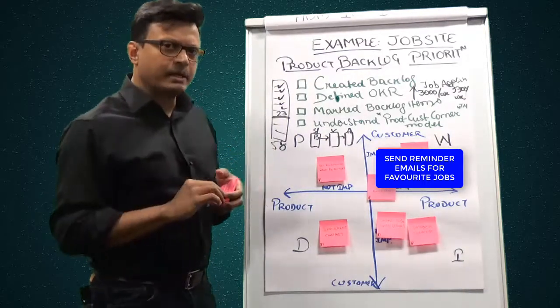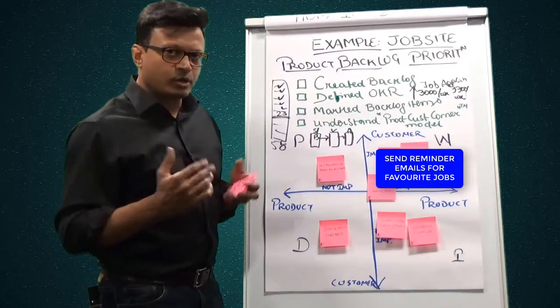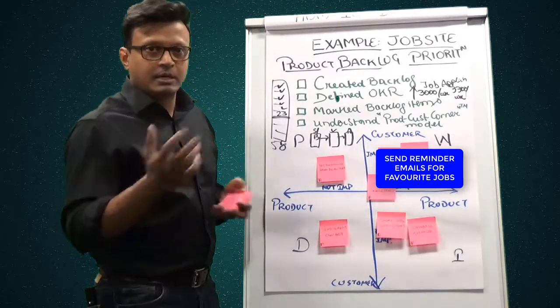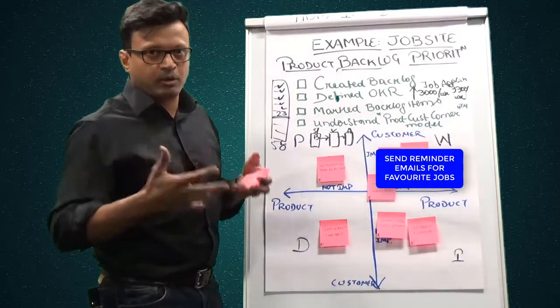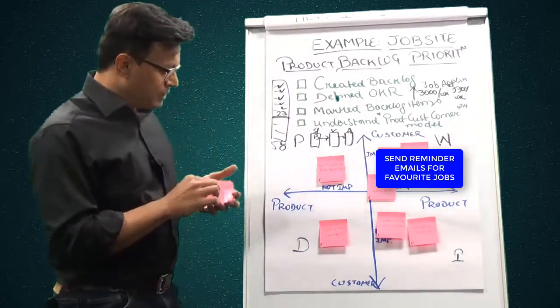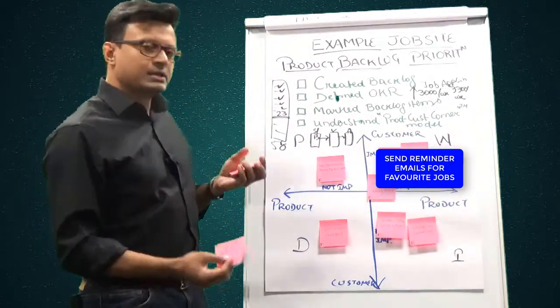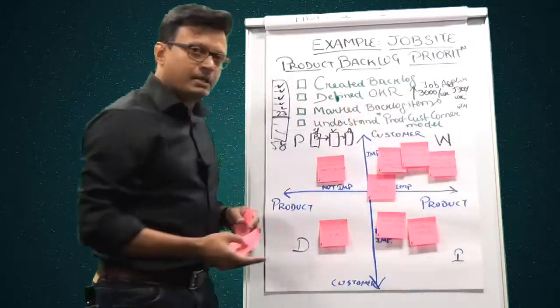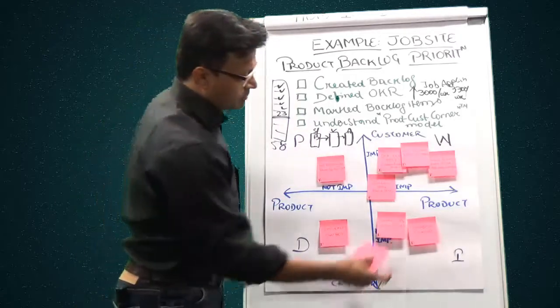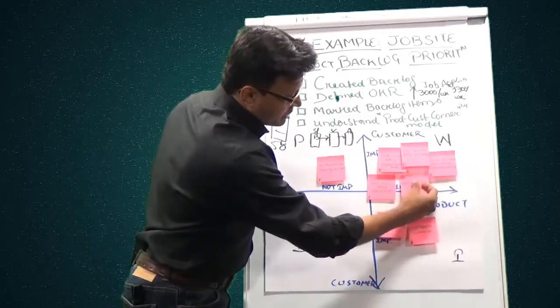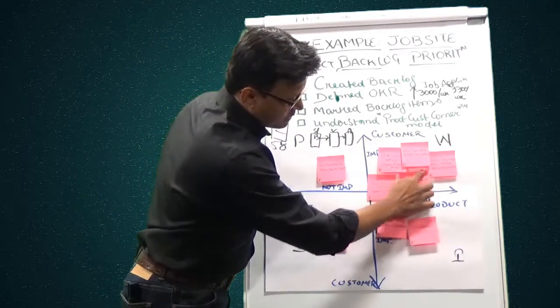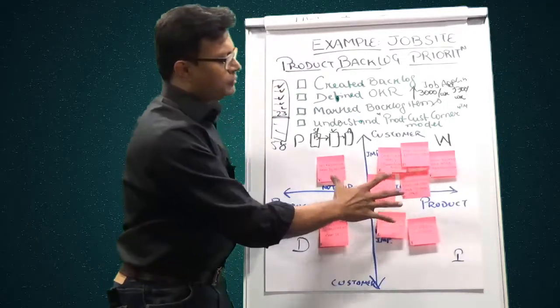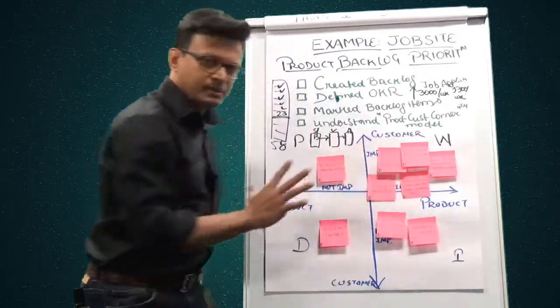So if we send them a reminder email with the list of their shortlisted and favorite jobs, maybe they'll come back and apply to those in bulk or in quick succession. In that case, I will say yes, it is important for the customer to remind them so that we get a direct benefit of applications, and it's also good from a product perspective. So comparatively, we can place it over here in the winner quadrant. Somewhat important for the product, somewhat important for the customer, sitting in the middle.